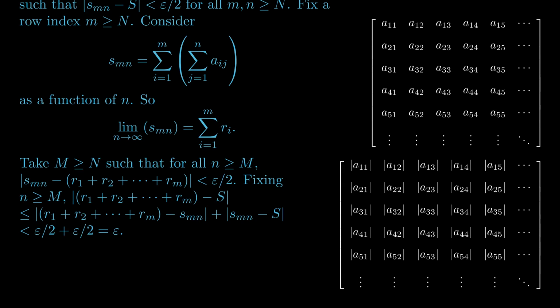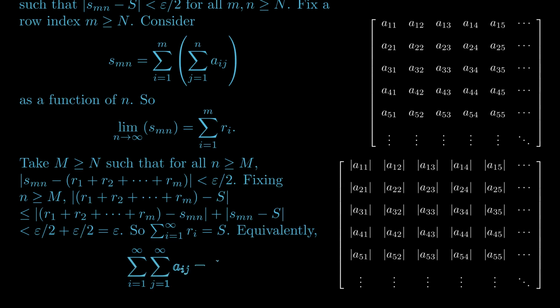And these sums of the first m R_i are partial sums of the series of the R_i. So the series i equals 1 to infinity of R_i converges to S, and replacing R_i again with that series expression it represents, the iterated sum i equals 1 to infinity of j equals 1 to infinity of a_ij converges to S. Now all that's left to do is to show that the other iterated sum that starts with j equals 1 to infinity also converges to S.